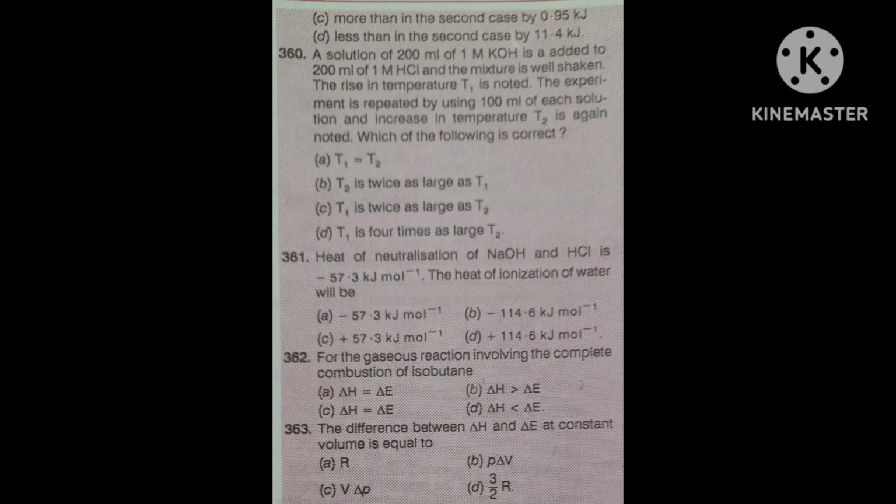The heat of ionization of water will be: first option, minus 57.3 kilojoule per mole; second, minus 114.6 kilojoule per mole; third, plus 57.3 kilojoule per mole; fourth, plus 114.6 kilojoule per mole. This question will take hardly 15 seconds to solve.